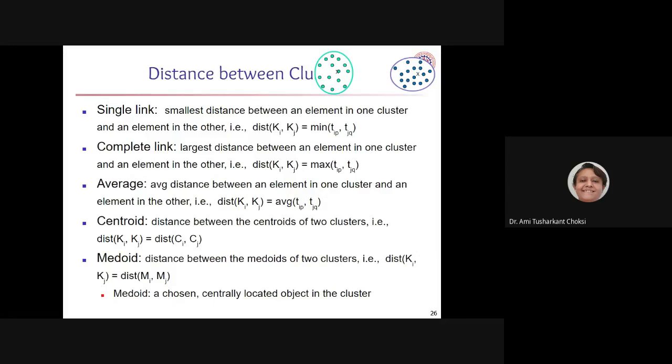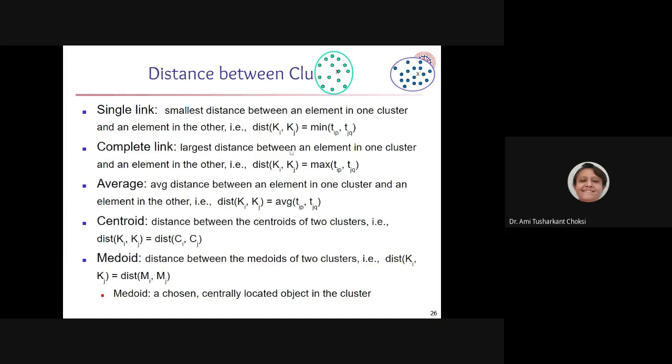Now, distance between clusters. Single link: smallest distance between an element in one cluster and an element in the other. Okay, that is the single link. Complete link, that means largest distance between an element in one cluster and an element in the other, right?